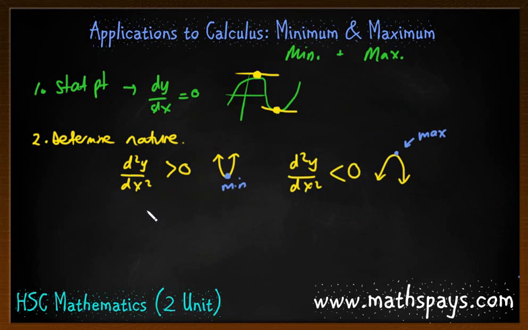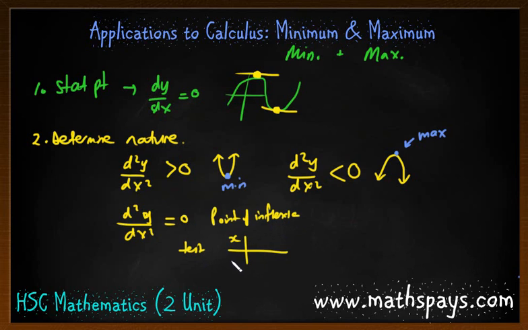Of course, when we're looking at these, we do have some cases where d squared y/dx squared, or y double dash, is equal to 0, in which case we have a possible point of inflection, and then we need to test left and right of those signs.